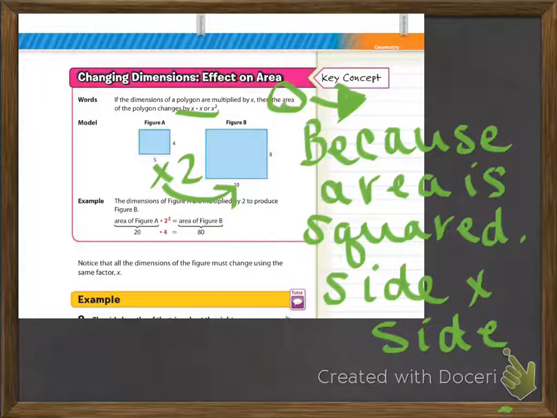If you think about that, that's because area is squared. We talk about square units, a side times a side. Centimeters times centimeters, meters times meters. That's why the units are squared. So the effect on the area is also squared.